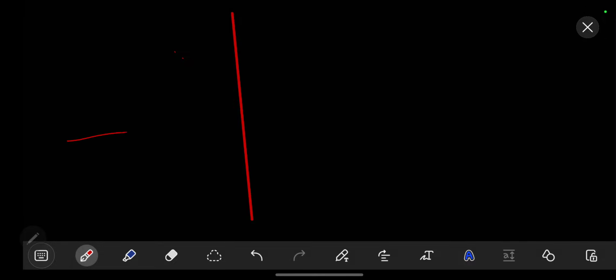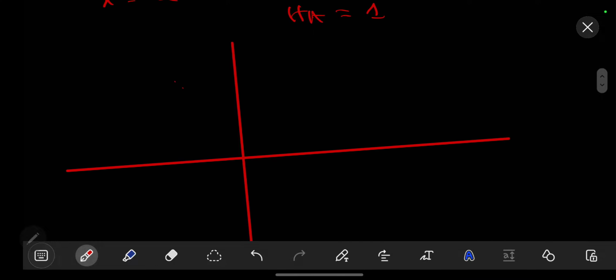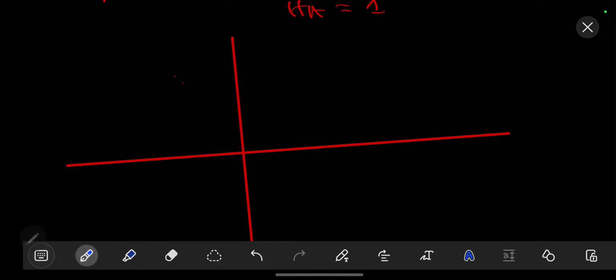Let me just make it a bit straighter. So we have that. Then our asymptotes are, one is at 1, one is at 2. Let me change the color.